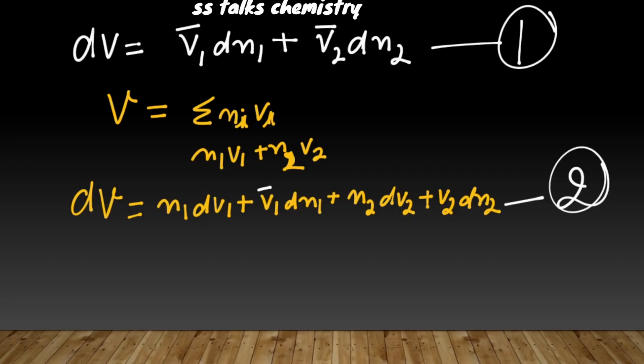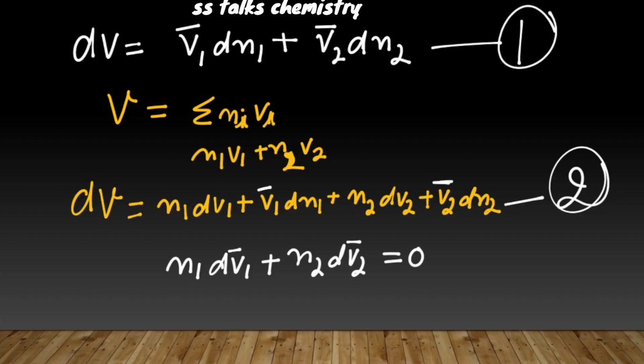Here the molar volumes will be equal only if N1 dV1 plus N2 dV2 is equal to 0. And also these are the molar volumes only, so this condition will be satisfied.